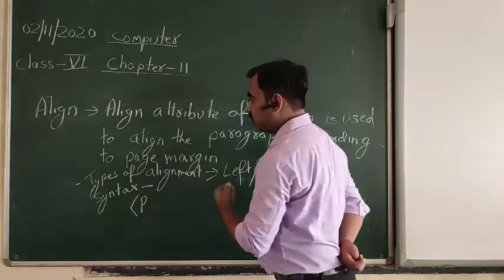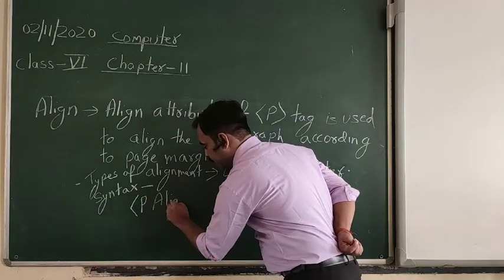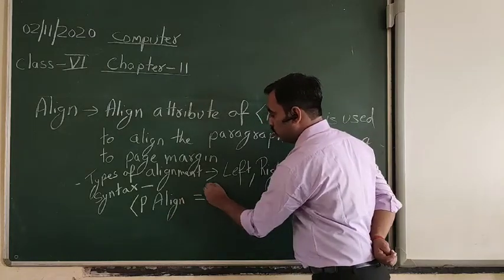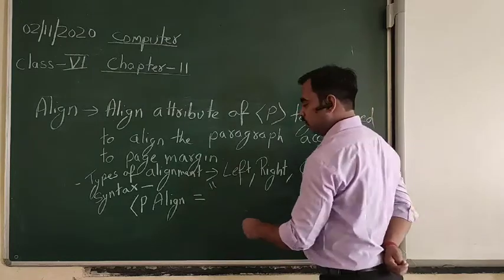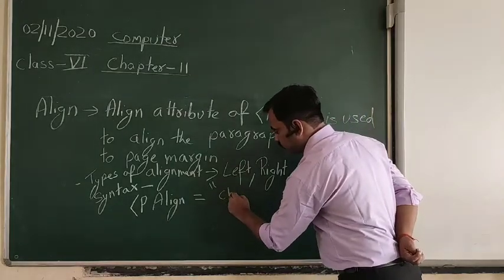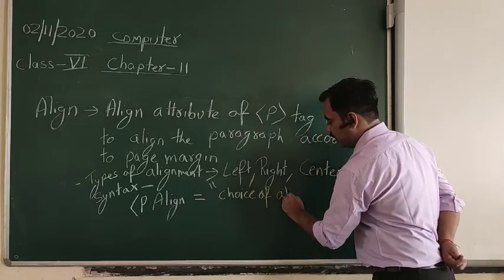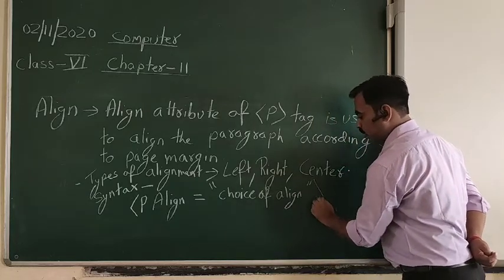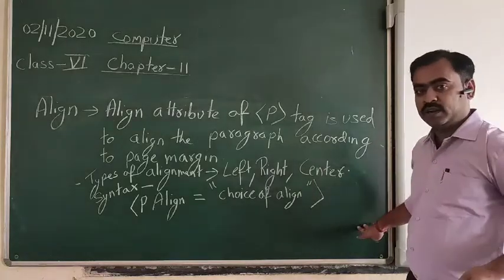P, space, name of the attribute: align. Then equal to, and then within double inverted commas you have to give the choice of alignment. Close the inverted commas, close the bracket, and then you will continue writing your paragraph.